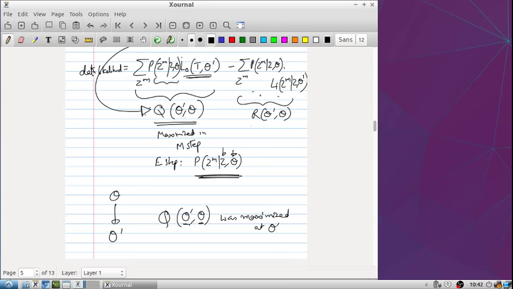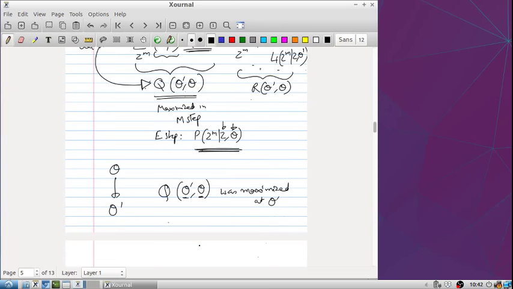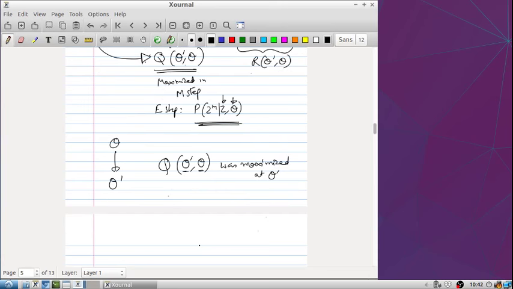That means Q of theta prime comma theta. Let me not write this. I want to say we are increasing the data likelihood.